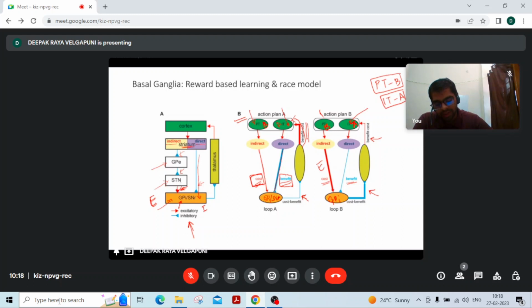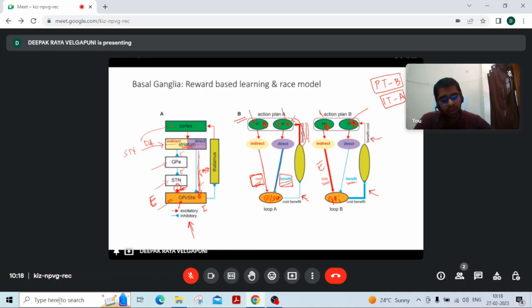Red represents excitatory, whereas blue represents inhibitory, like these are GABA. Striatum receives input from substantia nigra, which has dopamine inputs, and then it goes back to thalamus. This cortex again affects this pathway, so there are feed-forward and feedback connections coming into play here.